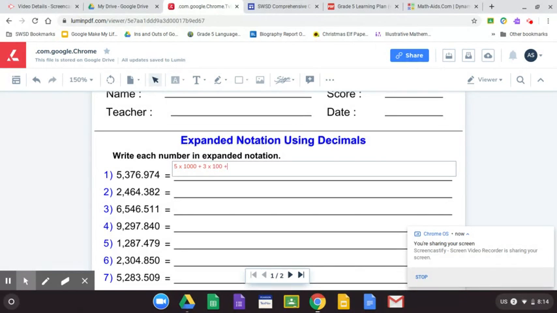then plus 7 times 10 plus 6 times 1 plus. And then for the decimals, we usually put them in parentheses.